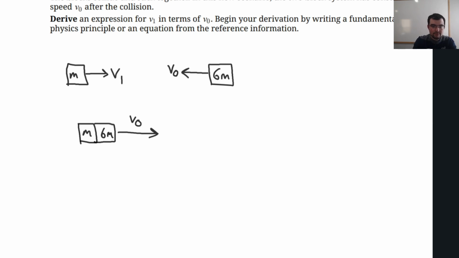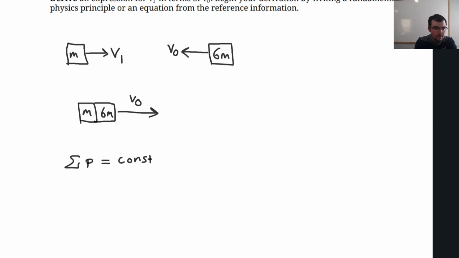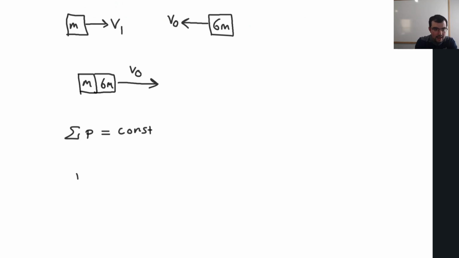So now it's just conservation of momentum, straight up. The sum of the momentum is a constant. So we have an m moving at v1 to the right. We have a 6m moving at v0 to the left. And then we have a combined mass of 7m moving at v0 to the right.